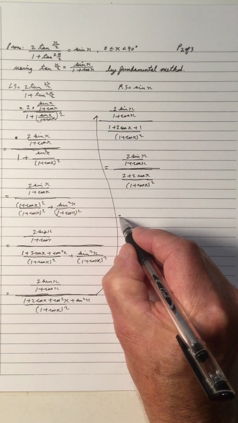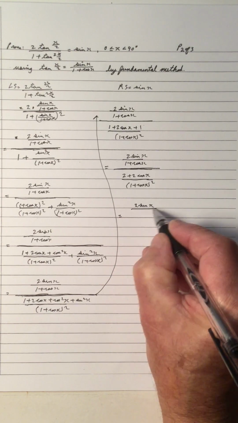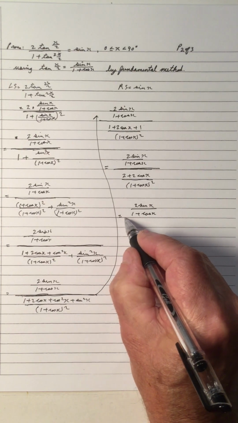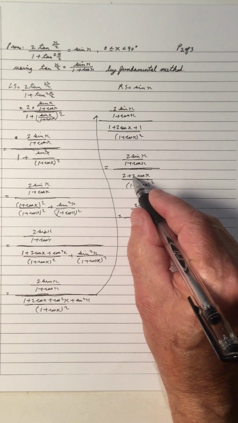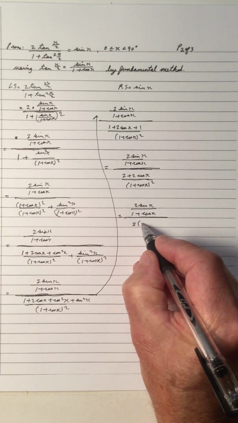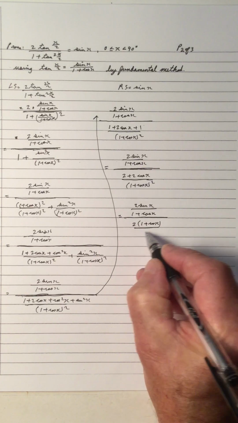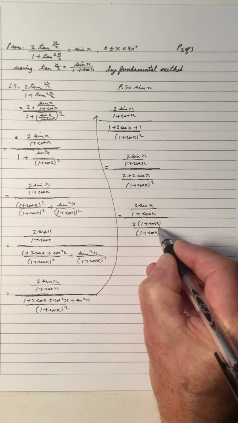And continue. I've got 2 sine x over 1 plus cos x, and the long division. Now I can factor the 2 here, so 2 is factored out as 1 plus cos x over 1 plus cos x squared.